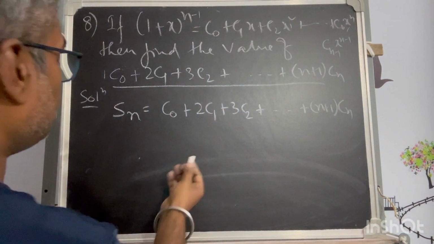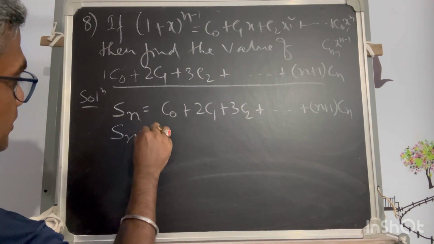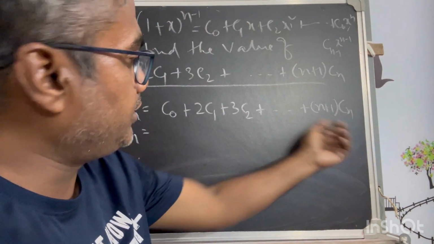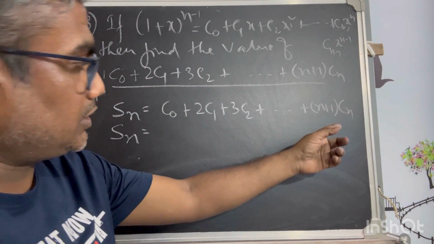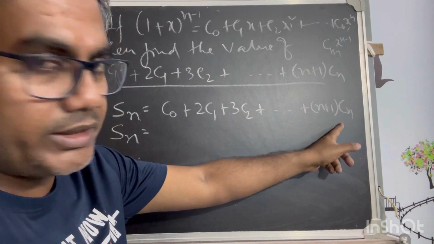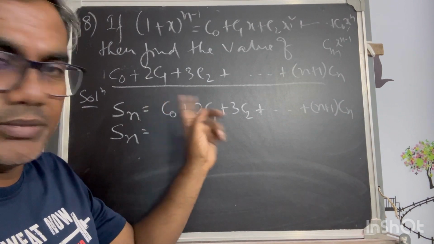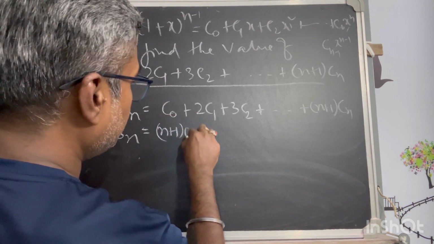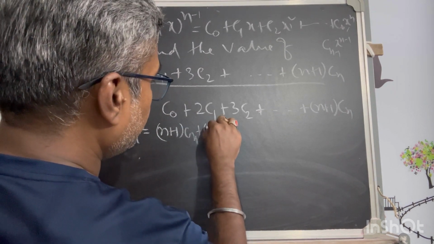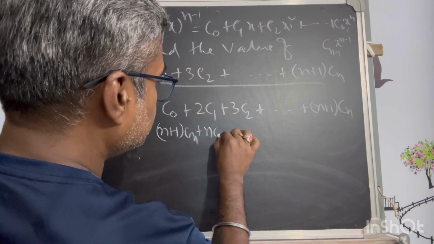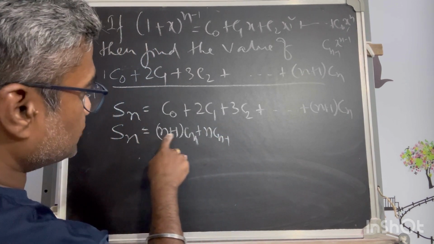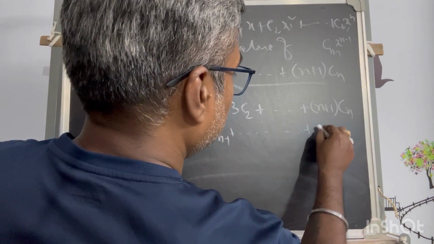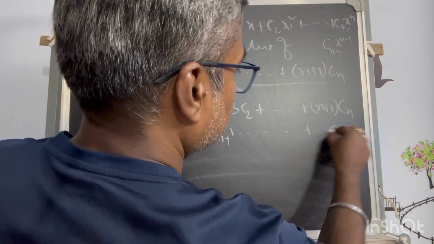Now again I am writing Sn, but this time I am reversing the terms, starting from the end and moving to the beginning. So how will I write? I will write n plus 1 Cn here. The next term will be n into Cn minus 1. Basically this will reduce by 1, this will reduce by 1, and like that it will go up to the end term, which will be C0 here.